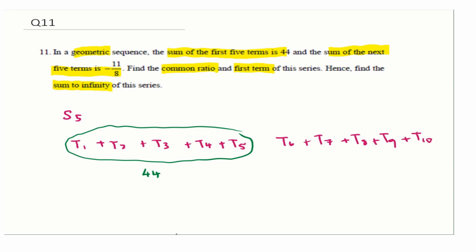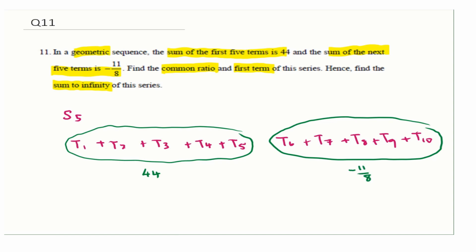So altogether we have 5 here: 1, 2, 3, 4, 5. So this is the sum of the next 5 terms, which is negative 11 over 8.